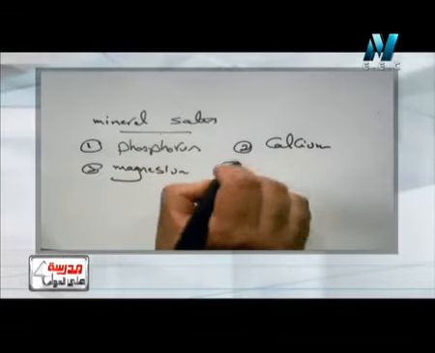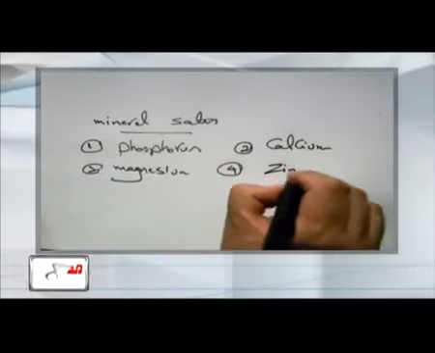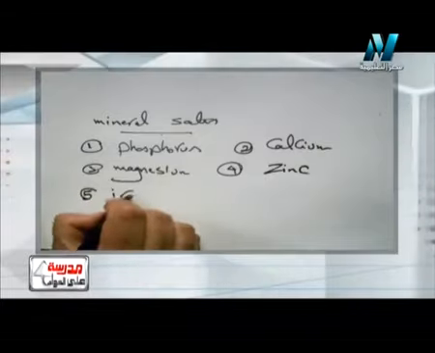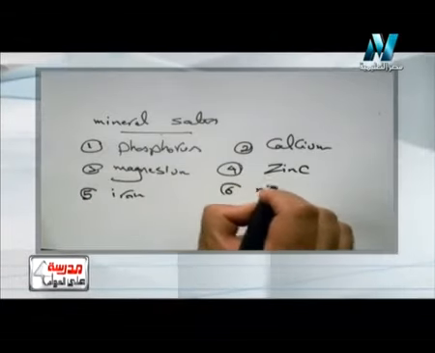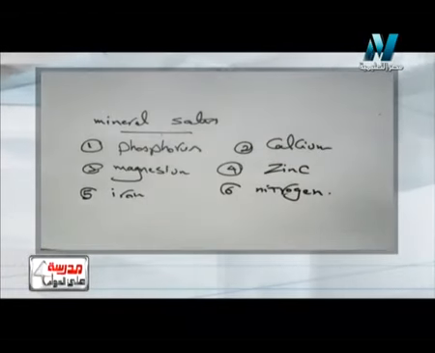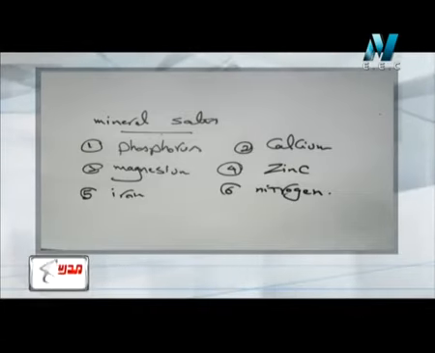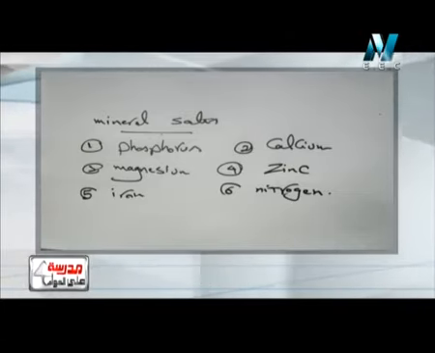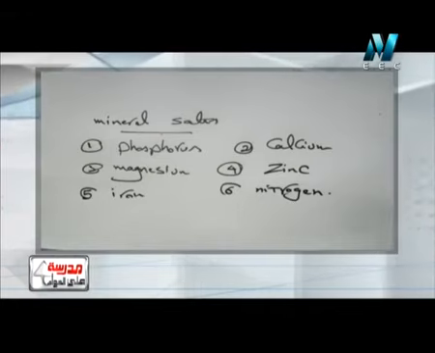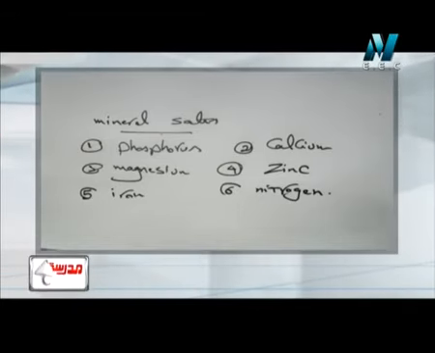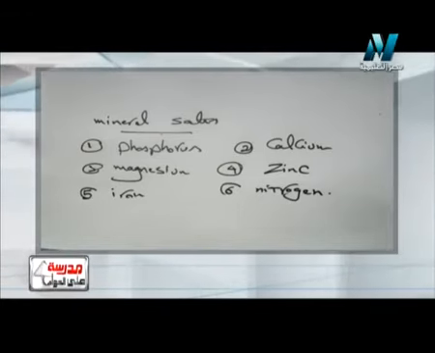Number 4, zinc, iron, nitrogen, and so on. So mineral salts the plant needs include phosphorus, magnesium, calcium, zinc, iron, nitrogen, or potassium, and so on. The plant needs these mineral salts from the soil.